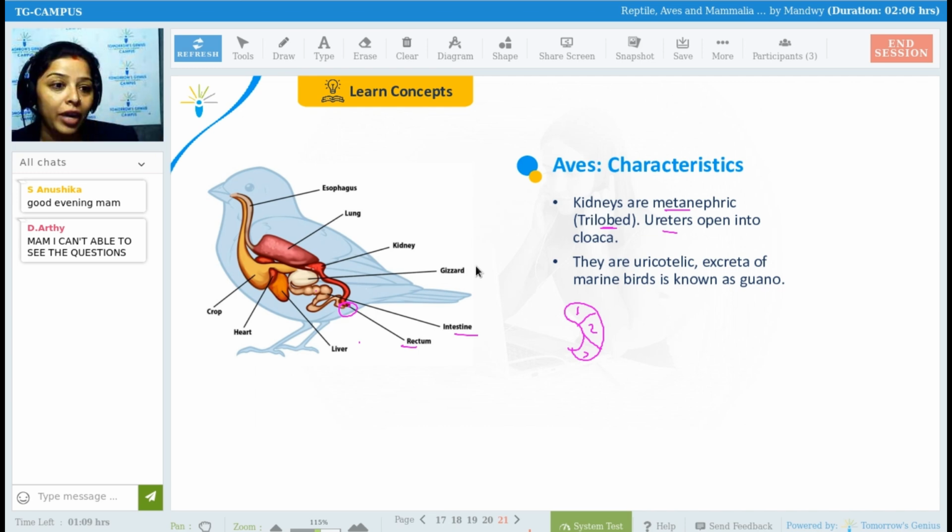Guano is the same excreta for all the birds, but we never use the term guano for terrestrial or other birds; we use this term only for marine birds. Marine birds like crane, flamingos, stork, falcon.